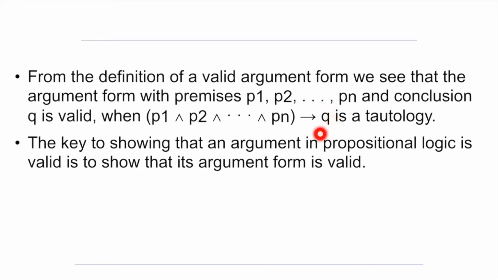So for this proposition to be a tautology, if the left side of the conditional is true, then Q must be true. So the key to showing that an argument in propositional logic is valid is to show that the argument form is valid. So now let's see what the argument form of an argument is.